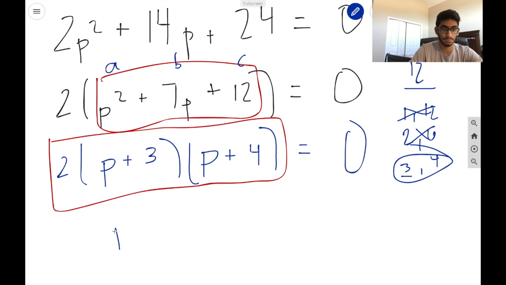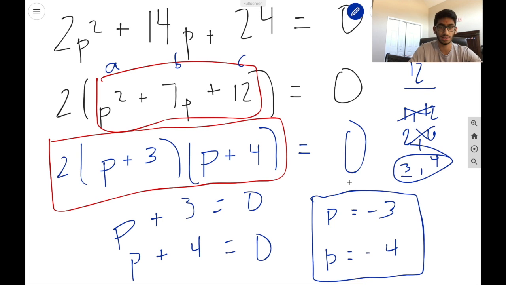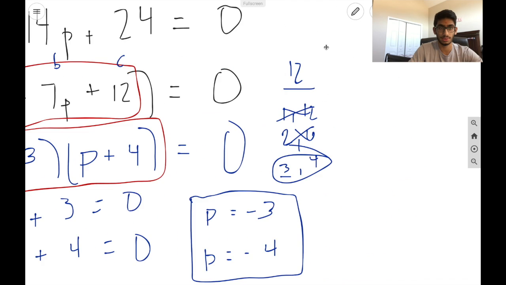So p plus 3 equals 0 and p plus 4 equals 0. All you have to do is flip the sign, so p becomes -3 and p becomes -4. These are your answers right here. Hopefully this is making a lot of sense now. Okay, we're going to do one more problem.